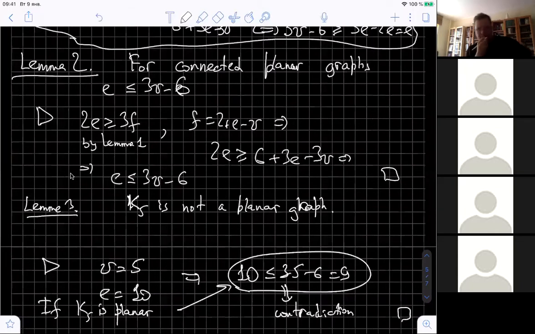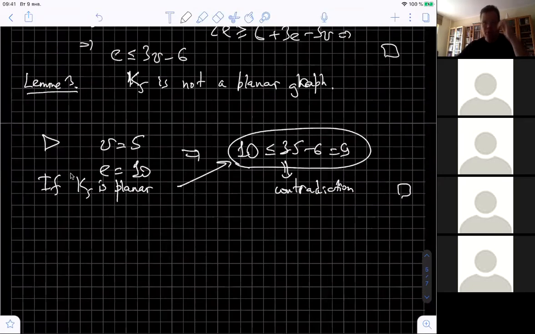Sir, so for any connected graph for which the inequality does not hold, that means that graph is not planar? Yeah. Because we just proved that if a graph is planar, then this inequality holds. So if the inequality is broken, we cannot embed it into the plane.